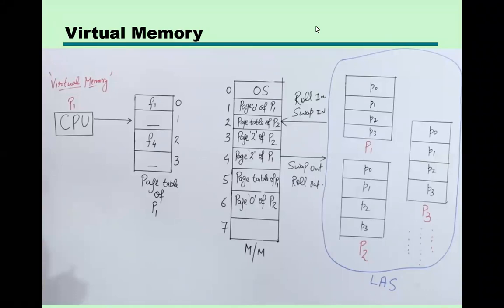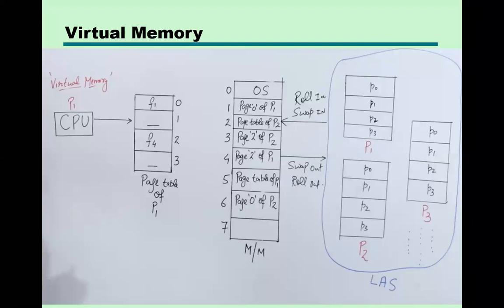But what is actually the main concept of virtual memory? As per the definition, it provides an illusion to the programmer. What kind of illusion? That a process whose size is larger than the size of main memory can also be executed.